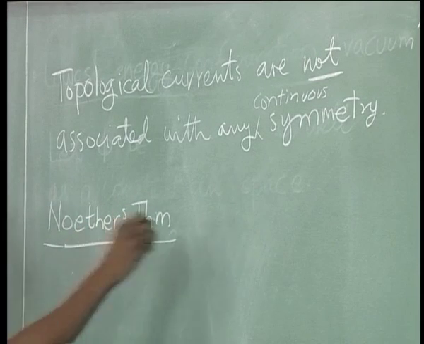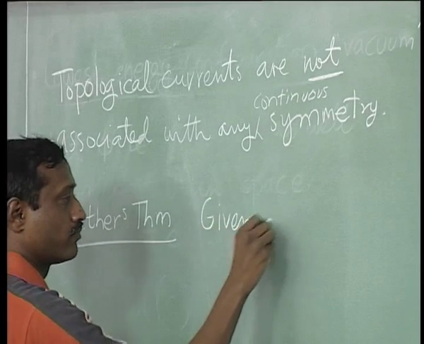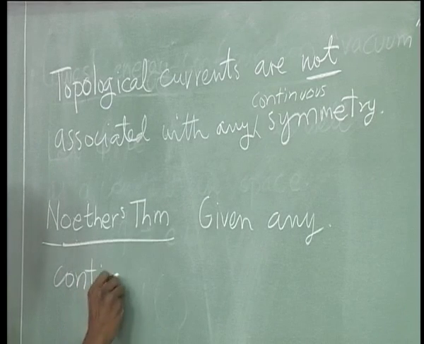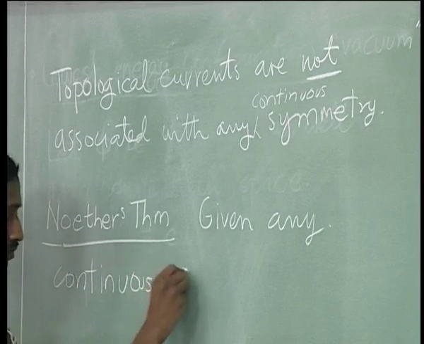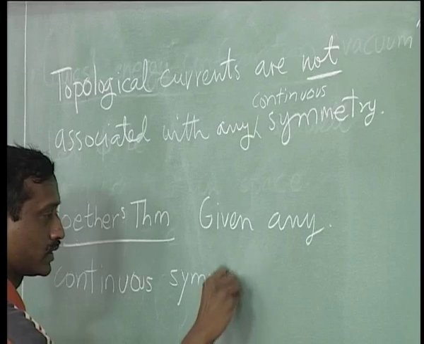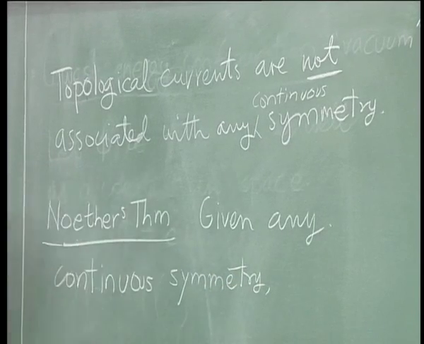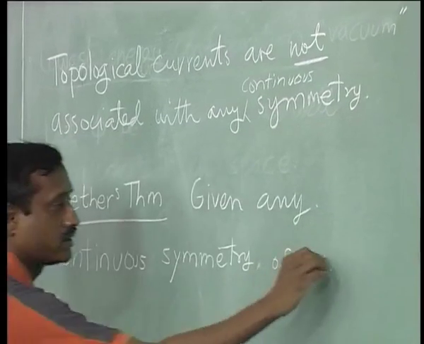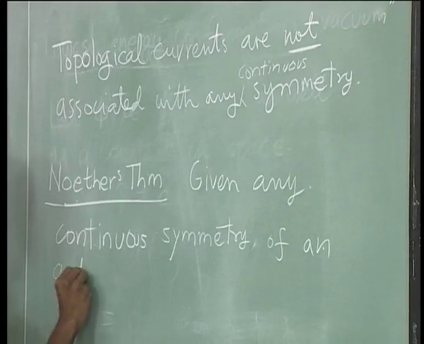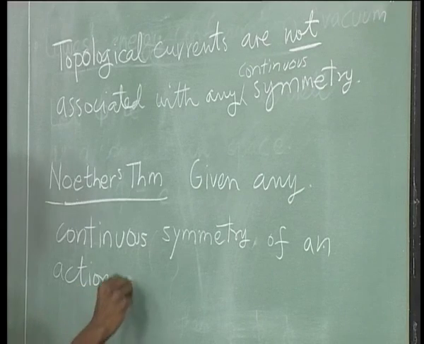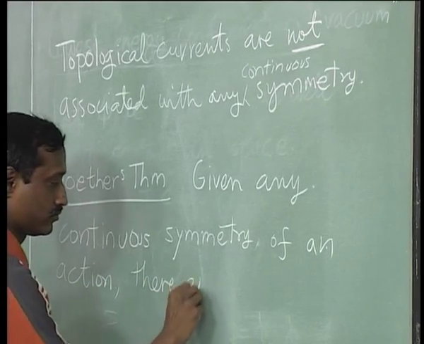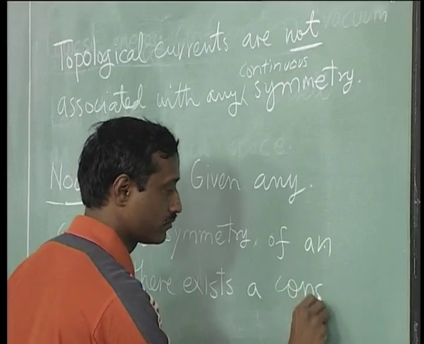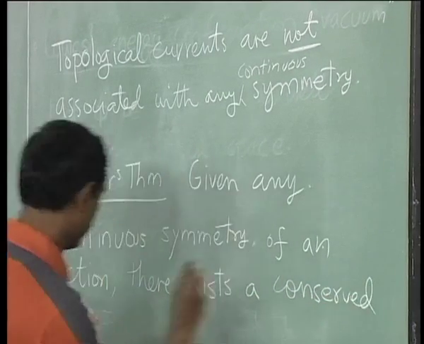Given any continuous symmetry of a Lagrangian, of an action, say, there exists a conserved current.